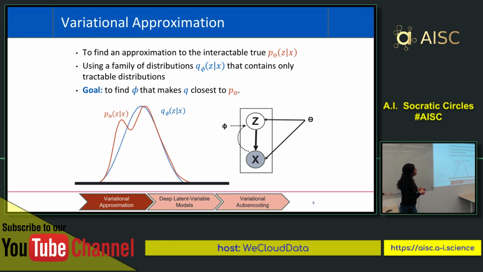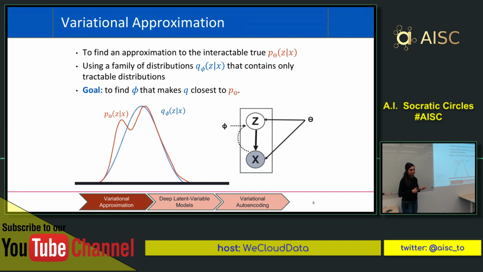This family of distributions is usually characterized by these phi parameters. They're called variational parameters. And the goal is to find phi that makes Q closer to our true distribution.